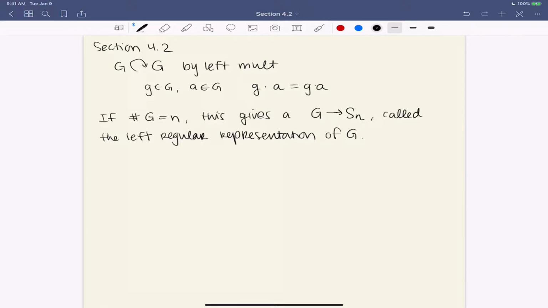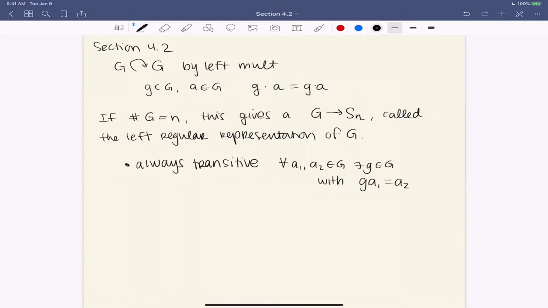Now, important facts about this particular action. It is always transitive, which we remember means that there's only one orbit of the action of G on itself, or alternatively, for all a1, a2 in G, there's g in G with g times a1 equal to a2.